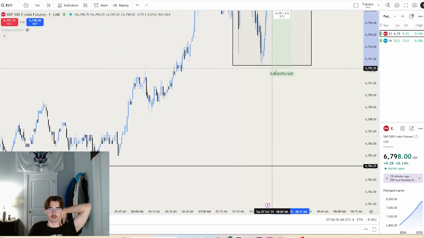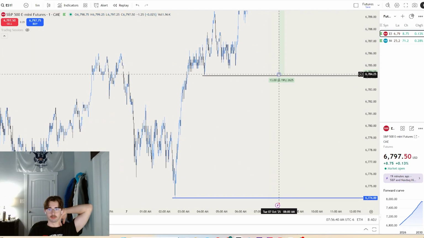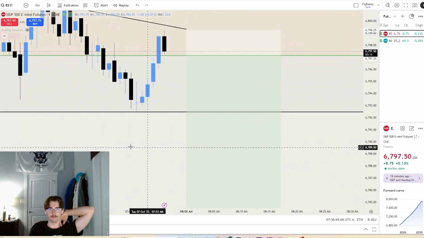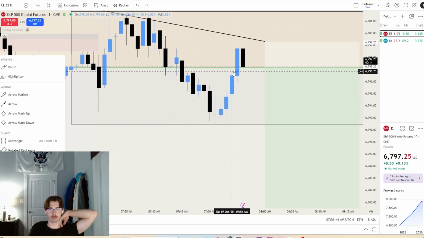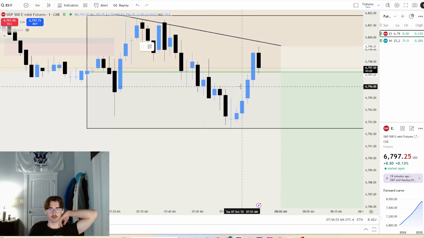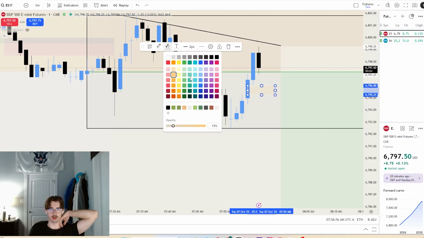And most likely, just because of how price has been acting, I guess probably set this, I don't know. So we have a fair value gap we could use right here.